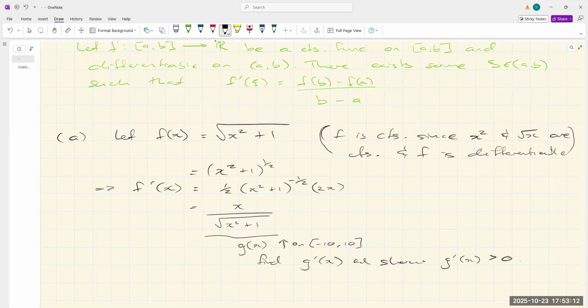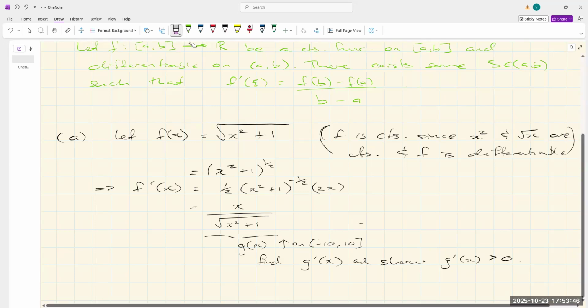And why is that important? Because if a function is increasing on this interval minus 10 to 10, then the maximum value of this function on this interval will occur at the rightmost point. Because it's increasing between minus 10 and 10, the maximum value will be when you plug in the rightmost point.